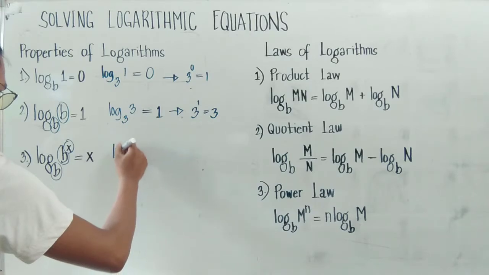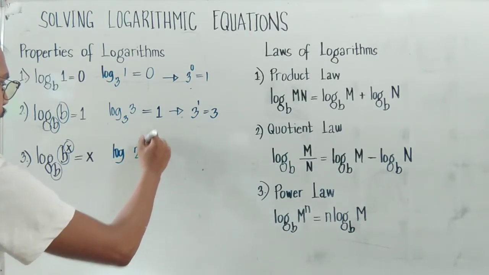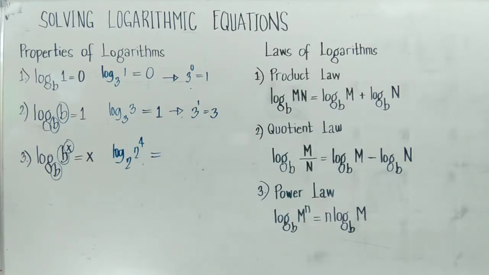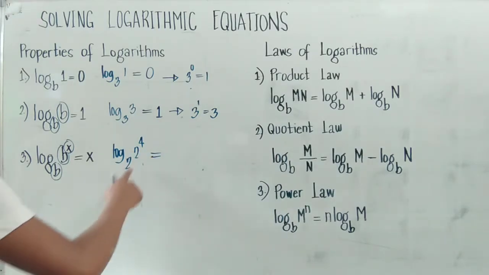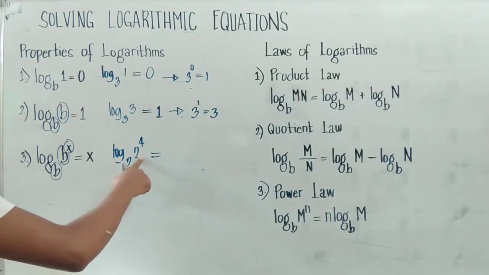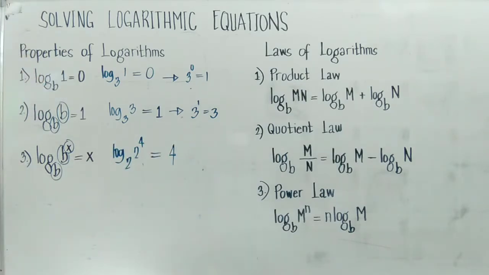For example, log of 2 raised to 4 base 2. The log of a number and the base are the same, and that number has an exponent, so that exponent will be the answer.